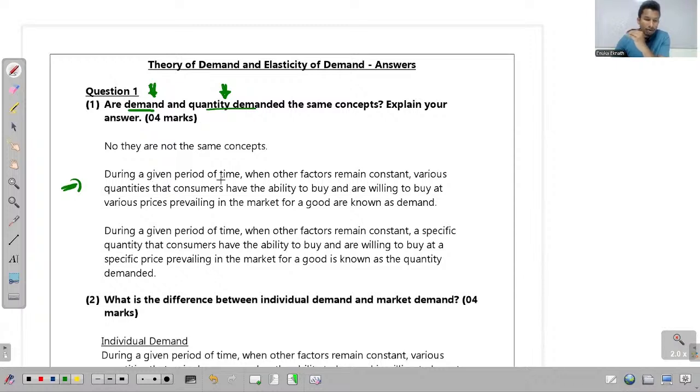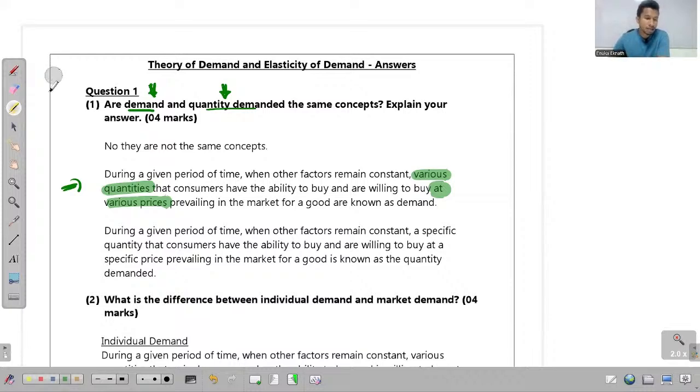We said during a given period of time, when other factors remain constant, various quantities that consumers have the ability to buy and are willing to buy at various prices prevailing in the market for a good is known as demand. That's how we define demand. So here the main focus should be given to this highlighted part, where we say that demand refers to various quantities that consumers have the ability to buy and are willing to buy at various prices.